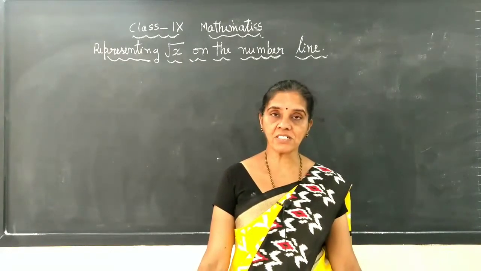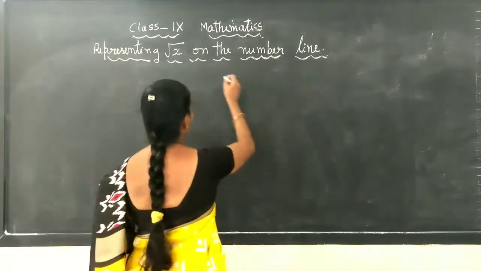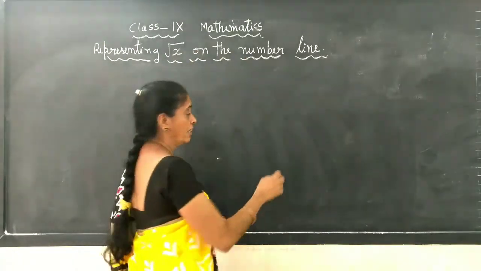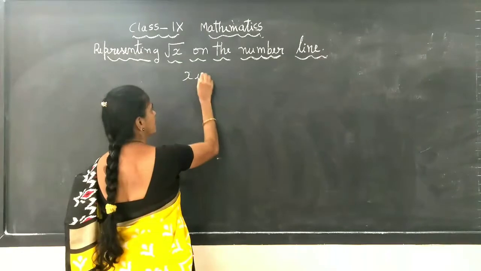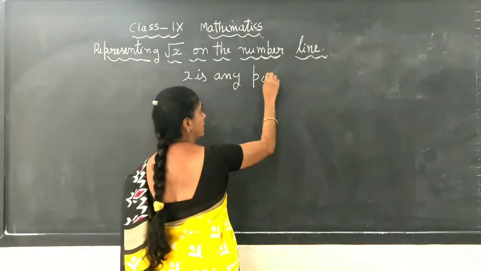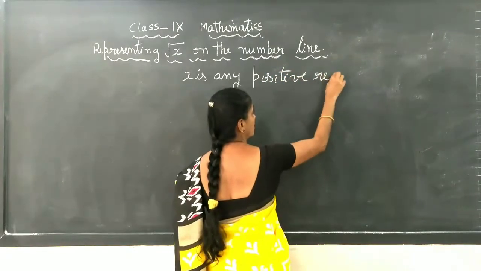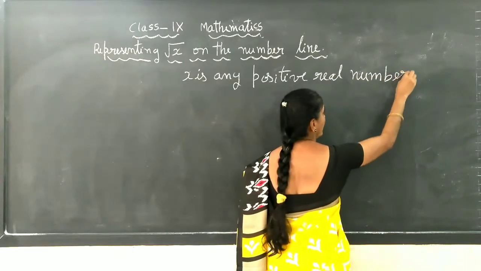Now in today's class we will learn to locate square root of x. Here x is any positive real number. Here we will represent the square root of x on the number line. Here x is any positive number we are taking, okay? Positive real number. That is important.